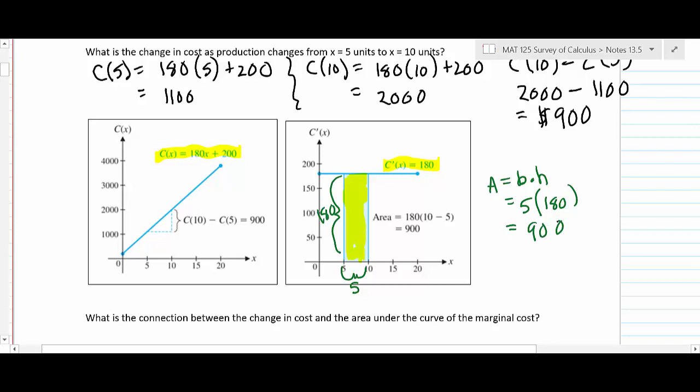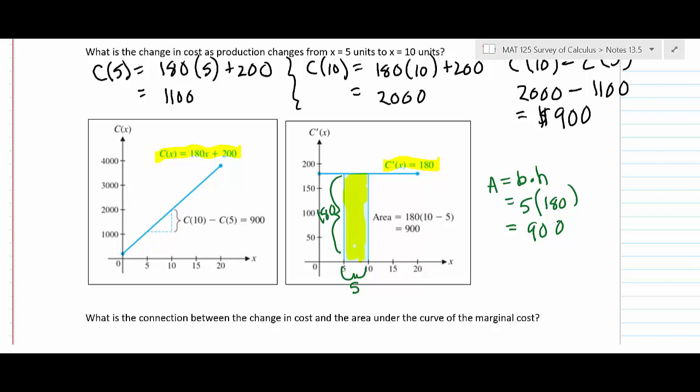So it turns out the connection that you're trying to make, this is kind of a nice way to explain this, but I think the book did a good job of doing this, is if you were going to do the integral of this, what you would end up doing is you would go from 5 to 10, and then the antiderivative would be over here. Okay, so if you're going to do the integral of that thing from 5 to 10, you're going to end up getting that area under the curve.